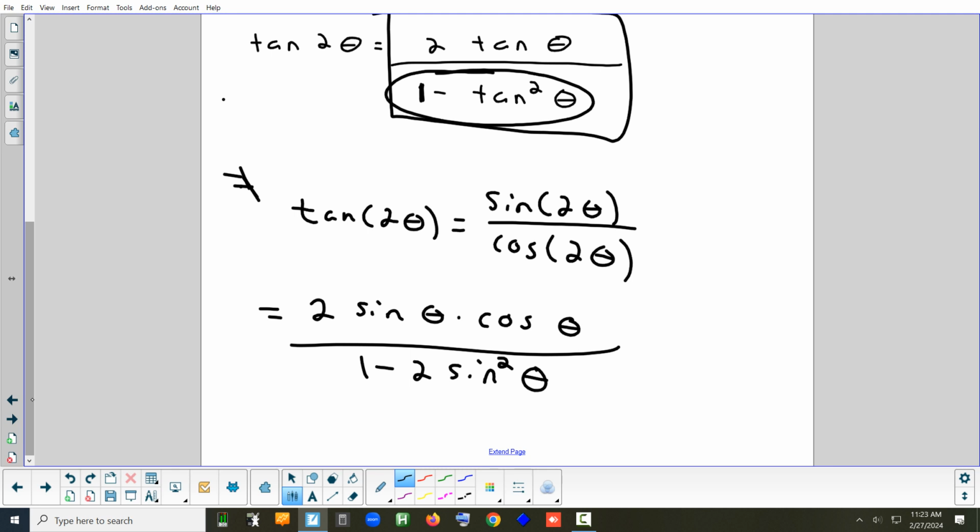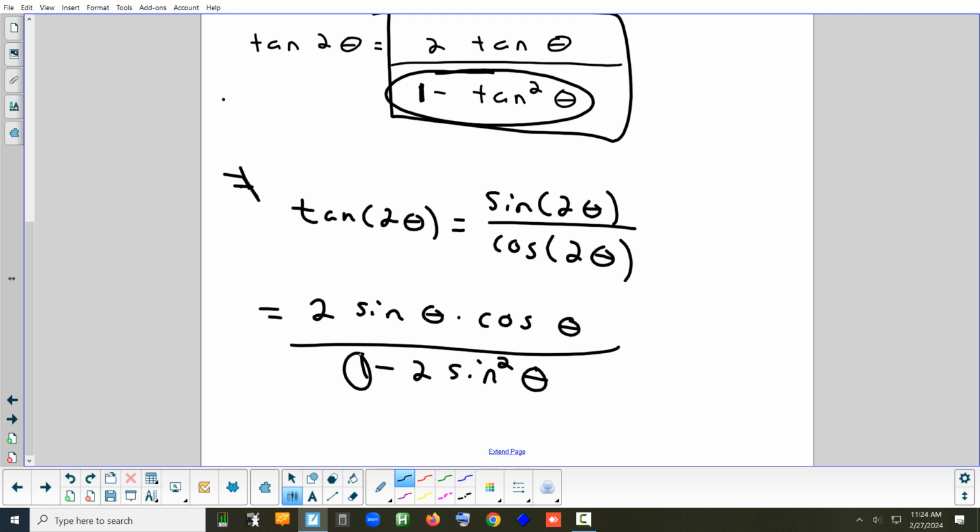Because if I divide everything by cosine squared, I'm going to mess this one up, so that concerns me. I'm not sure what's going to happen with that. But if I divide everything by cosine squared, it's going to make the top exactly what I want. So I like the idea of dividing and using cosine, but let's try cosine squared.